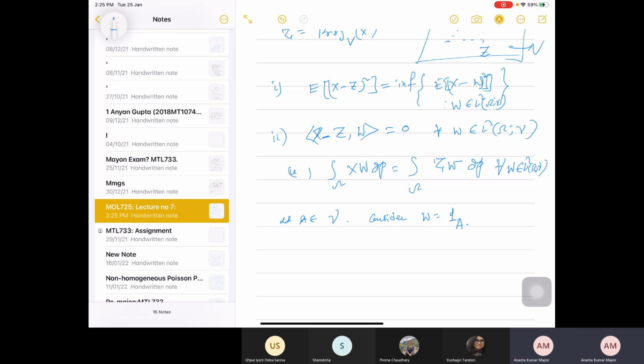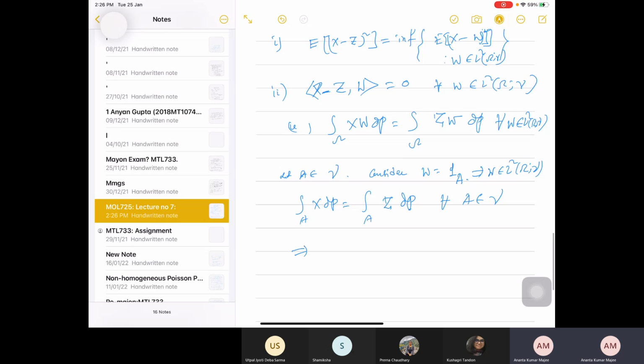So if I consider w and put it in this orthogonality property, then what I have is that the integral over A of x dP equals the integral over A of z dP for all A in my nu.